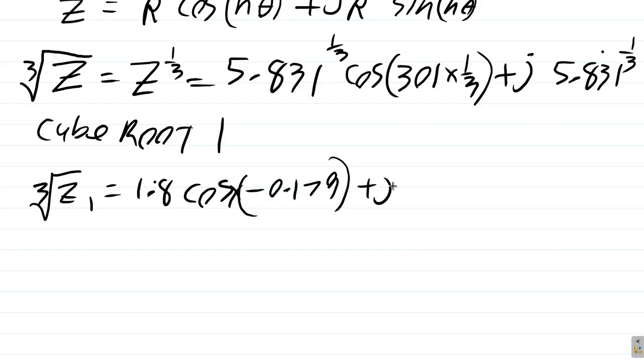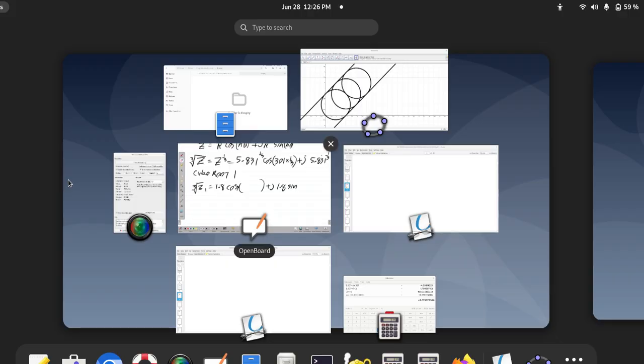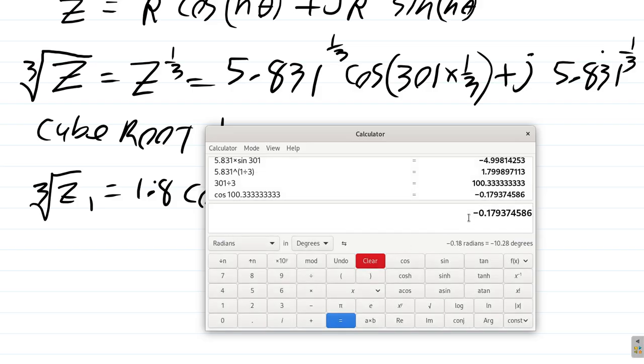Right, plus j is going to be the same thing, 1.8 sine. Oh my, I made a mistake here. I had worked it out and then put cos again. The angle was 100.3. Alright, it's cos 100.3.